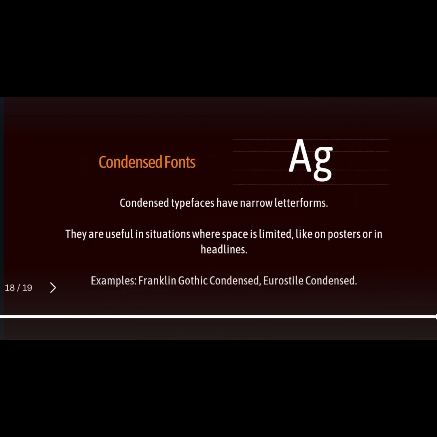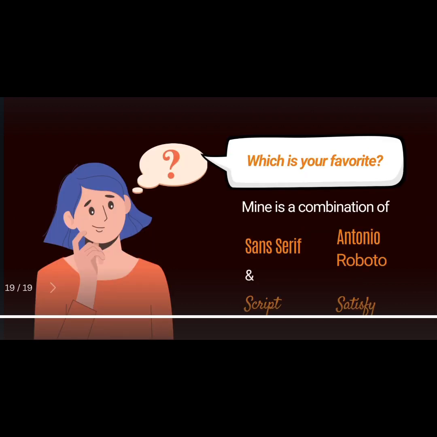And for the condensed font, these ones are very tiny. They are used in situations where there is limited space where you want to put your text. That is when we use this type of font. Now, that is all about typography. When we start designing, you will be seeing more of them and you will be able to identify them.